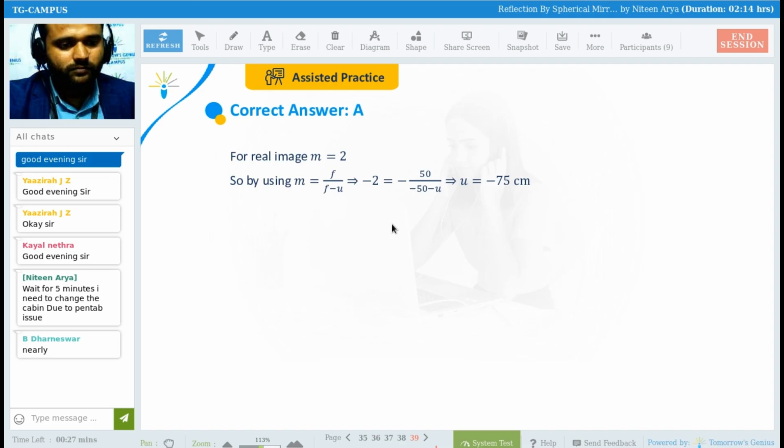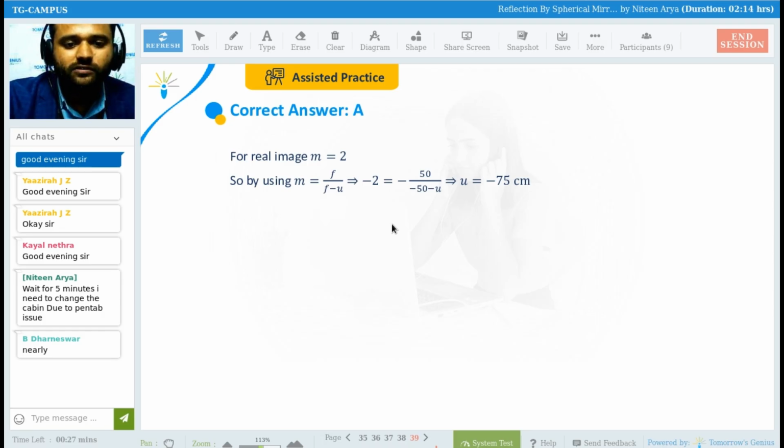Everyone, beta. Just give me 1 second. Is this clear to each and everyone or not?